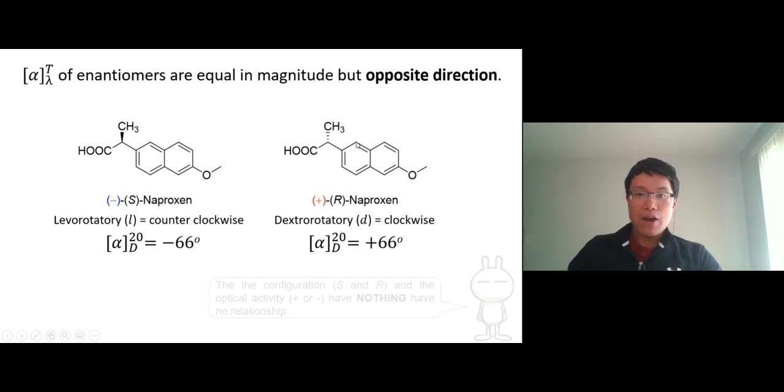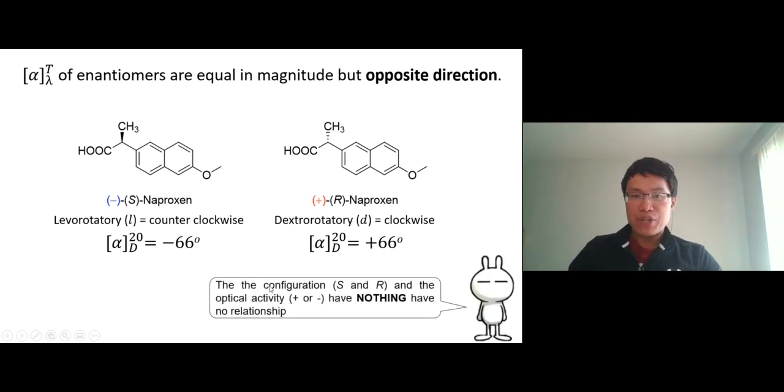By the way, one more thing you need to know: the plus and minus sign, which indicates clockwise or counterclockwise rotation of polarized light, has no relation with the R and S system.